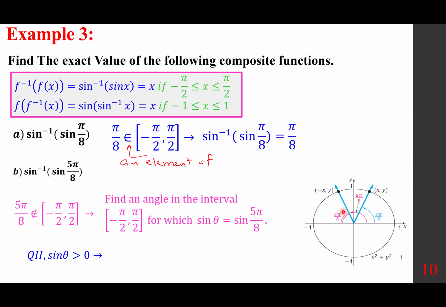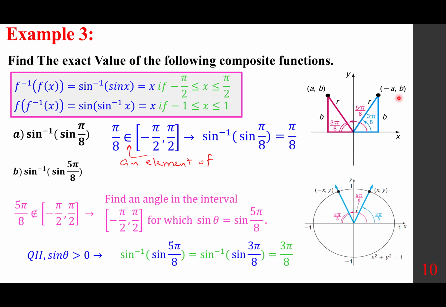For 5 pi over 8, the reference arc is 3 pi over 8. So they have the same y value. So it's the same as sine of 3 pi over 8. You can look at it this way, however you want to look at it. But it's important to understand the situation with sine. It's positive in the first and second quadrant. Therefore, sine inverse of sine of 5 pi over 8 is the same as sine inverse of sine of 3 pi over 8. Therefore, the answer is 3 pi over 8.